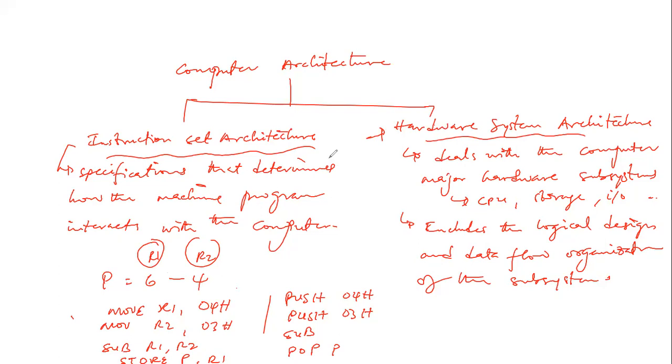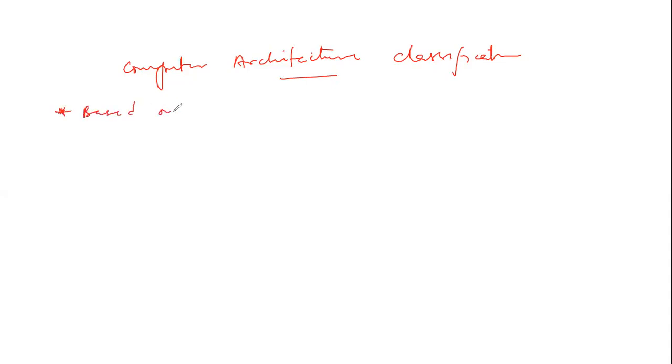So let us look at the classifications, which you already know, okay? Computer architecture classification. Our classification is going to be in two folds. The first one will be based on the design architecture, which you have been making mention of.